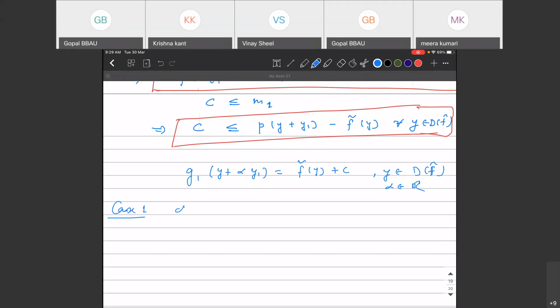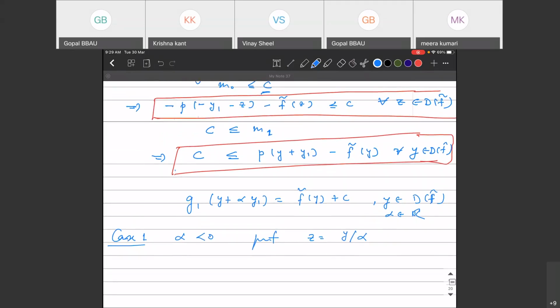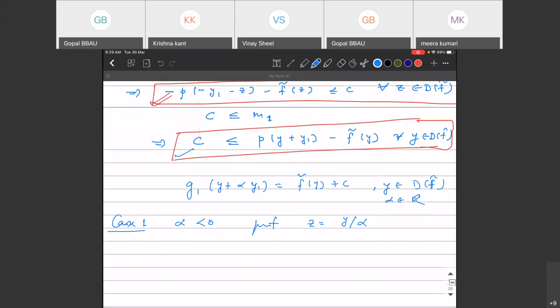So first case, when alpha is negative, so alpha is non-zero. Put z equal to y by alpha here. So what we will get? We will get minus p minus y1 minus y by alpha minus f tilde of y by alpha less than or equal to c.